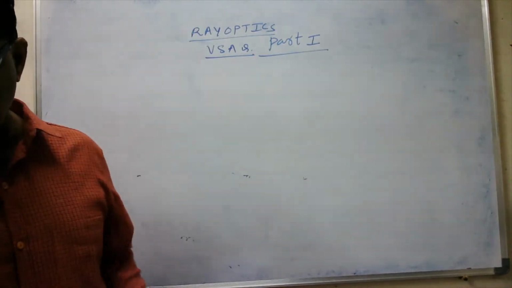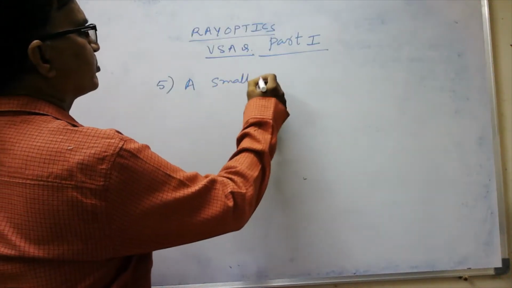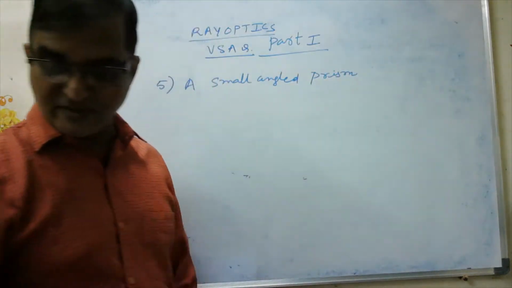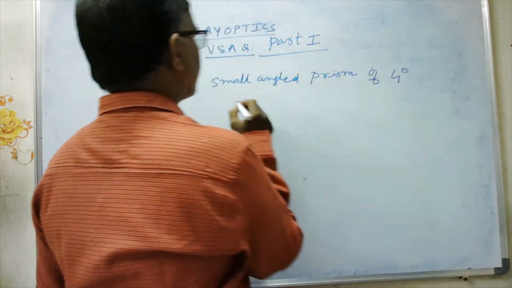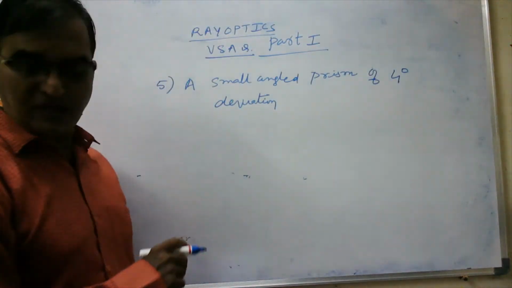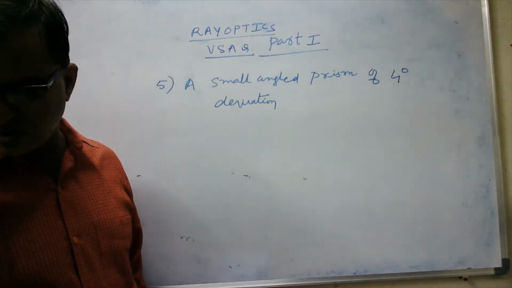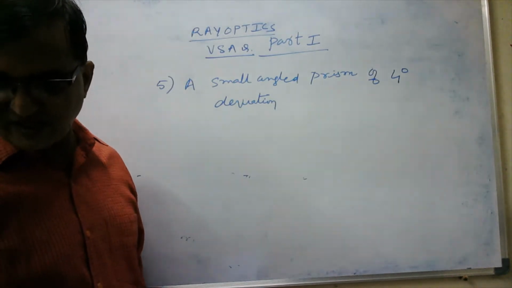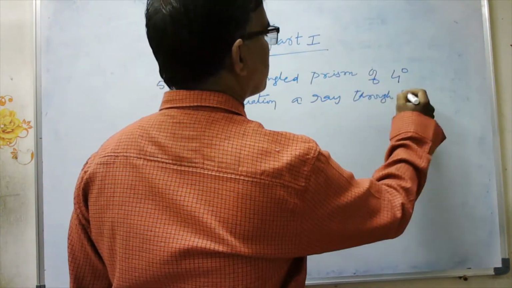A small angled prism of 4 degrees deviation ray through 2.48 degrees.